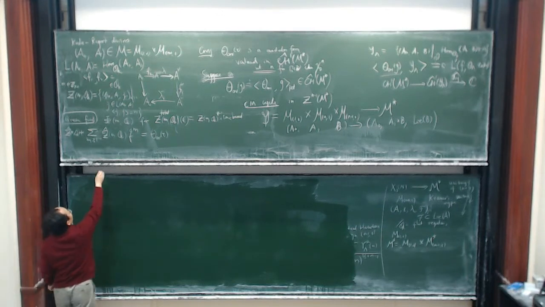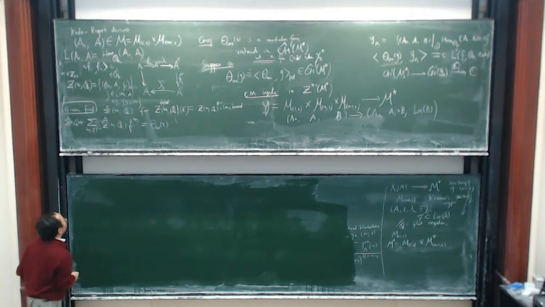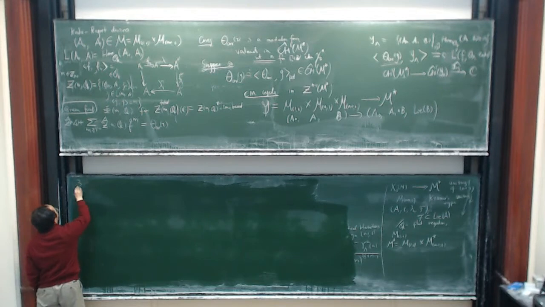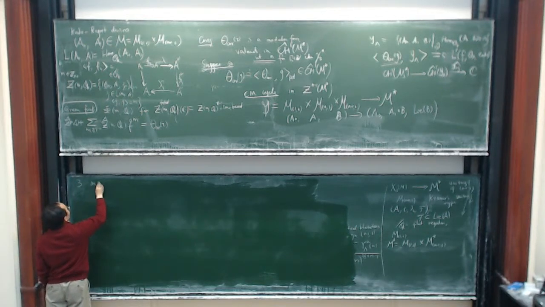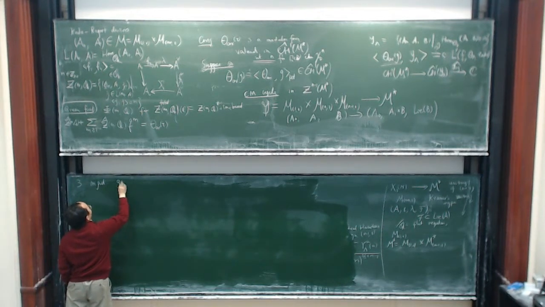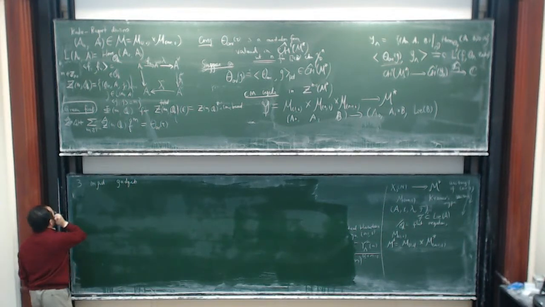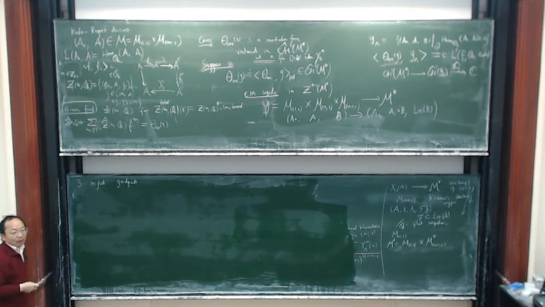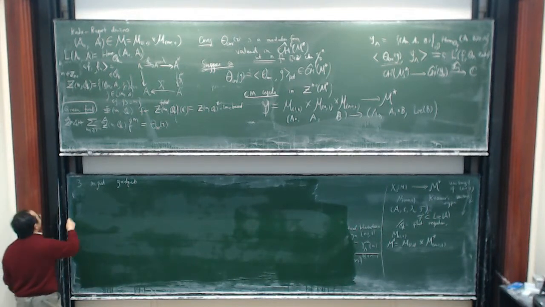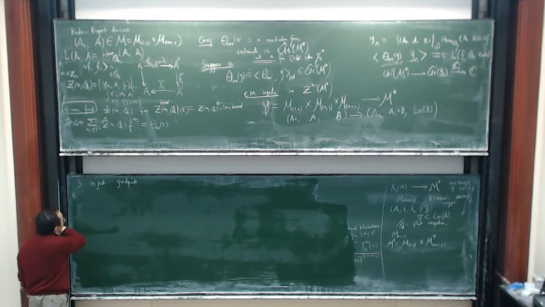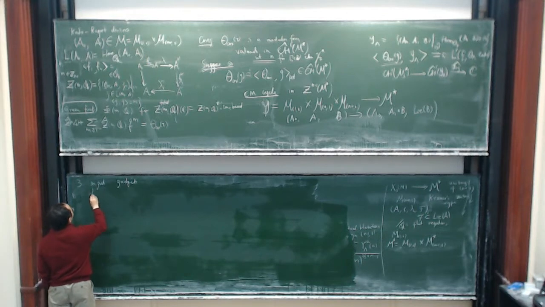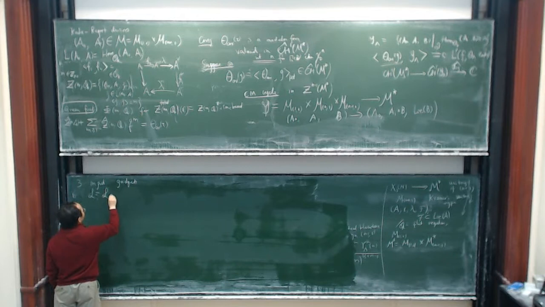I want to give the input data, there are 3 input data. Let's go one by one. The first one is basically just a lattice, but it is more convenient to call it L. It really has two parts, a finite part and an infinite part.